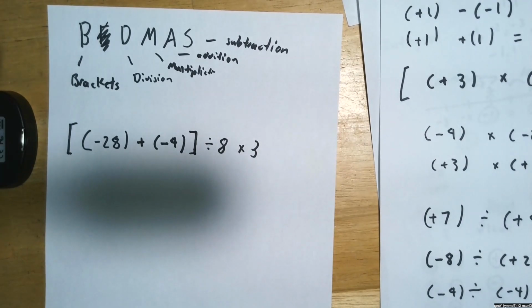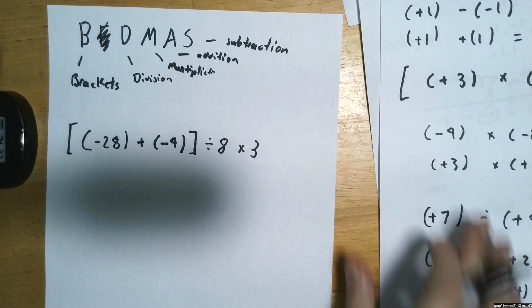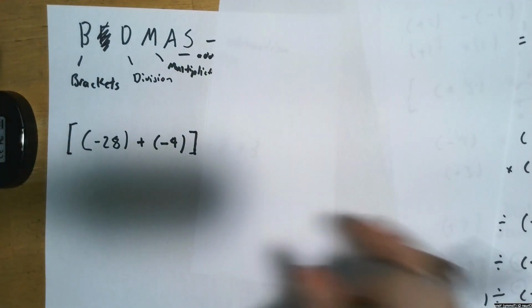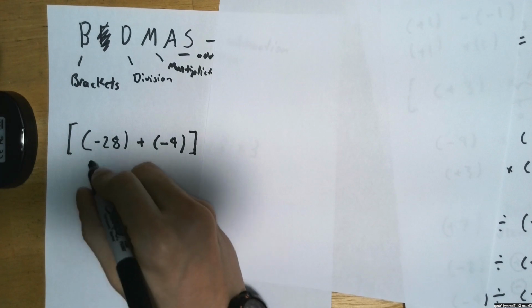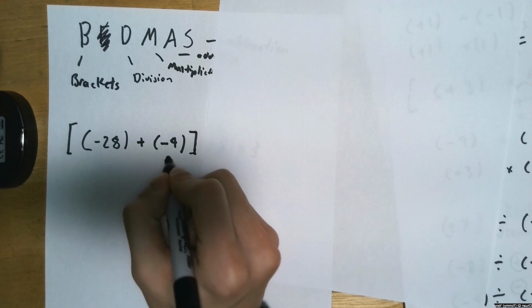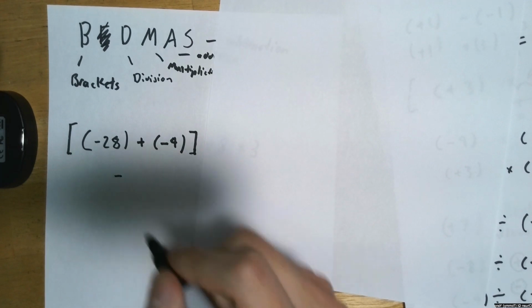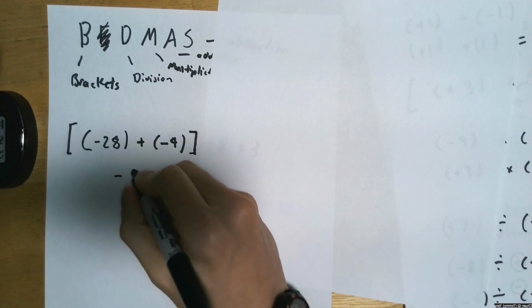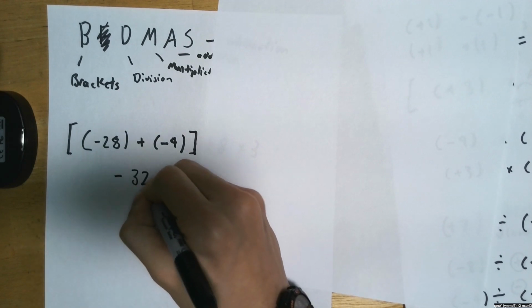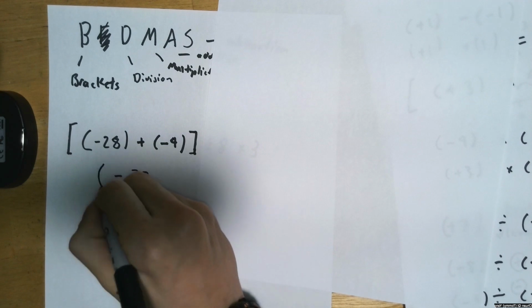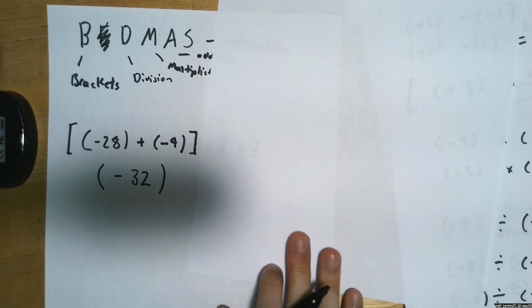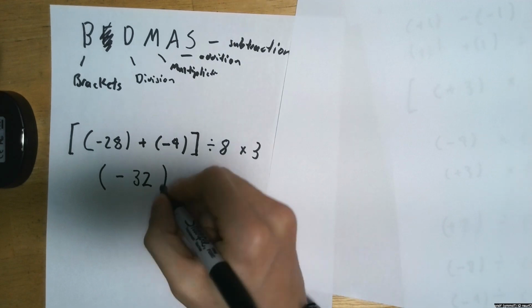First, we need to resolve what is within the brackets. So what we can do is take a sheet of paper or anything and block out this side first. So first we can know that negative 28 plus negative 4 is going to be a negative number. And then 28 plus 4 is going to be 32.